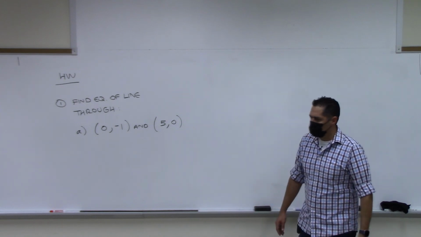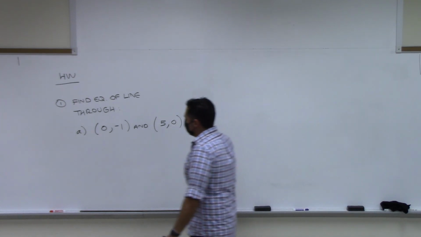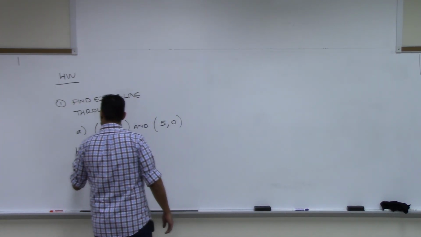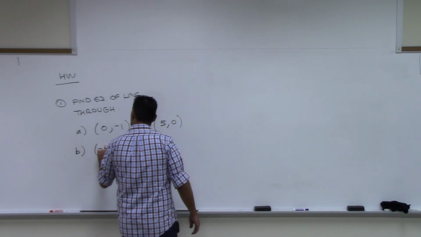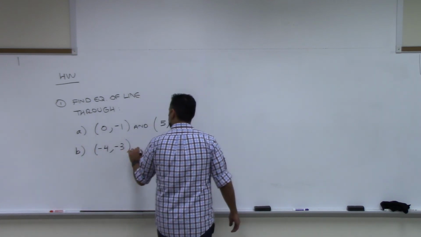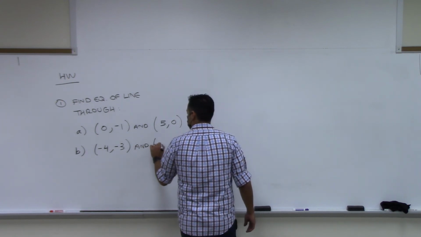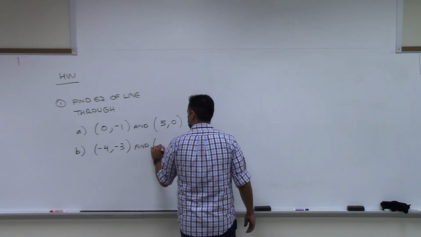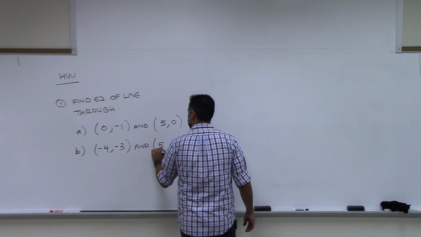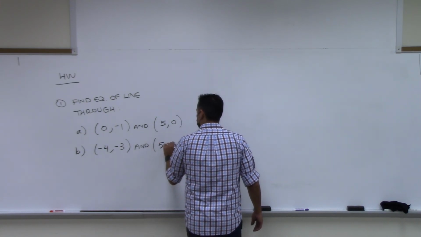That's kind of a weird one. Next one, let's go (-4, -3) and let's go (5, 7).